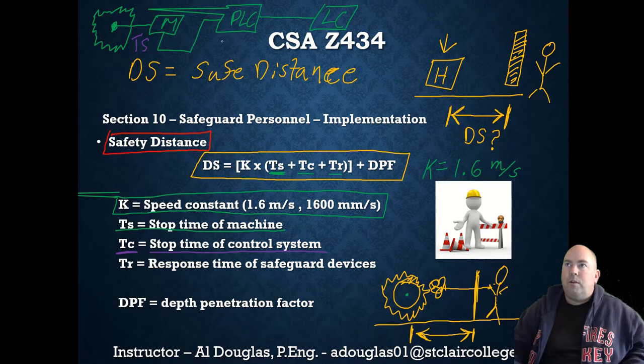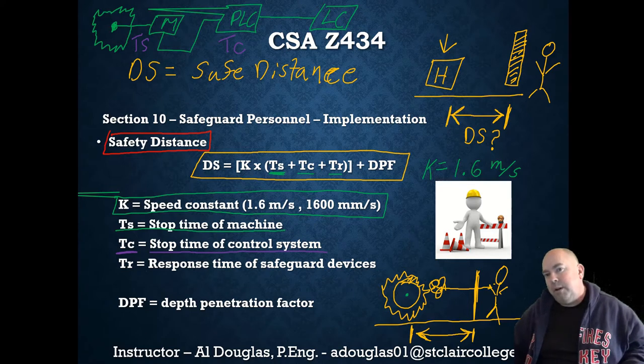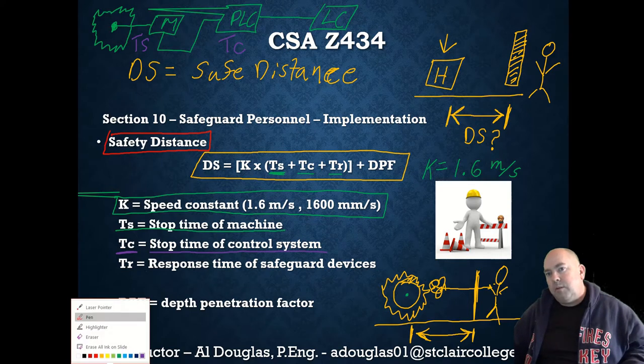That is called TC. And that is dependent on how fast is our PLC. So that's going to be a very small time, but we still need to factor that in there. And then the final one, so that's basically processing time of the PLC.